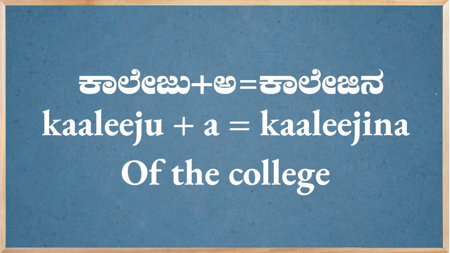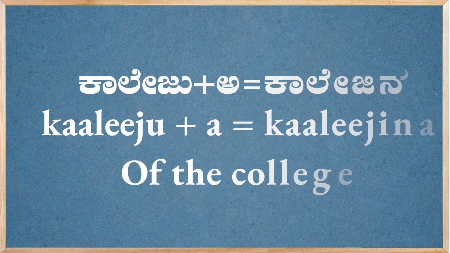Let me give you examples of the possessive forms with in addition. Let's take a look at few examples where the nouns end with u and how possessive form is created. Kaleju plus a becomes Kalejina. Kalejina, which means of the college.